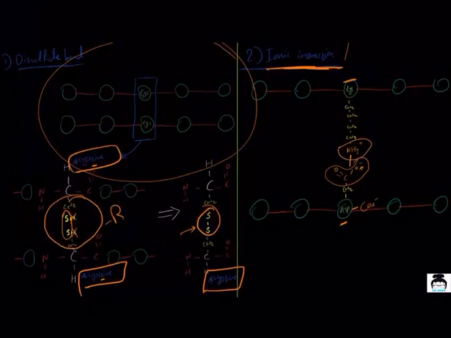Lysine has NH3 in its R group, and it's positively charged. NH3 and COO negative will form a bond between each other. This bond is called an ionic interaction. You have one negative molecule and one positive molecule, and they interact with each other to form an ionic interaction.